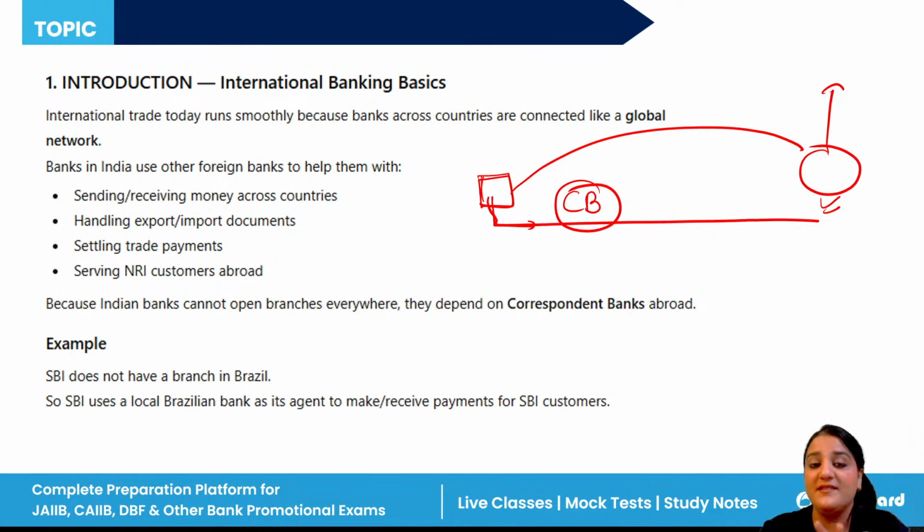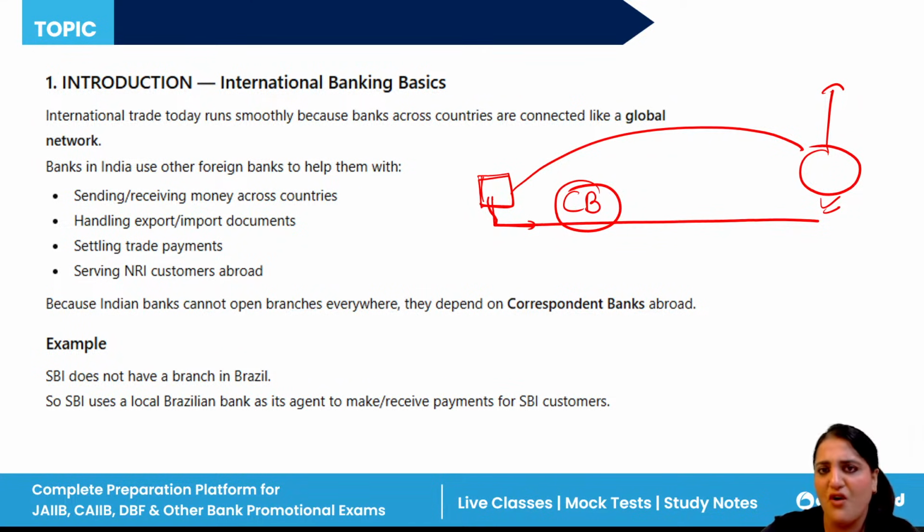A correspondent bank is a foreign bank that provides services to another bank. Think of it as a friend abroad who does work on your behalf, right? So why is correspondent banking needed? Because banks cannot open branches in every country.